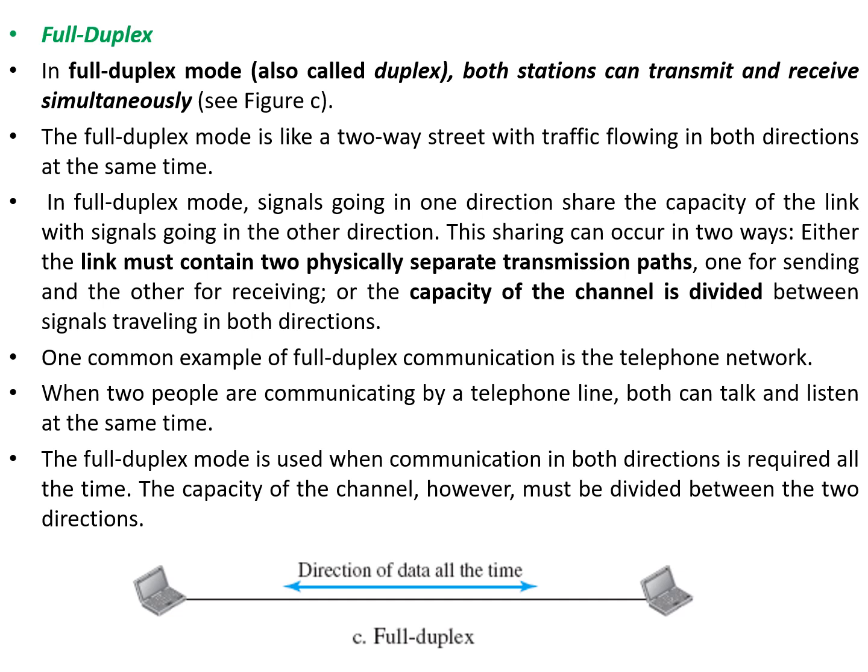One best example for the full duplex communication we can consider is a telephone network. In the case of a telephone network, when two people are communicating by a telephone line, both can talk and listen at the same time.